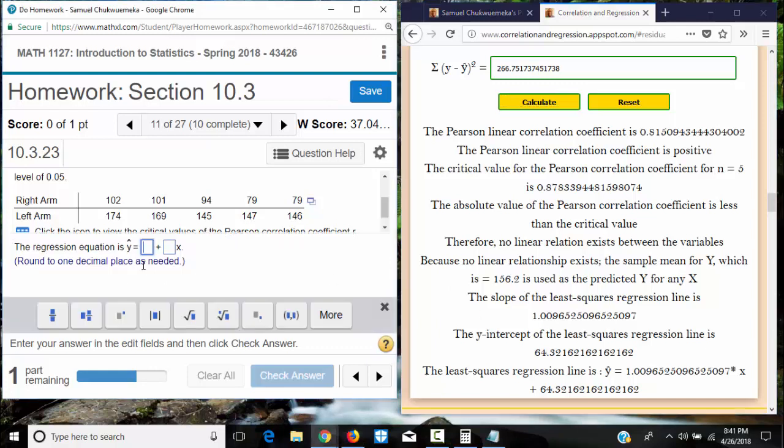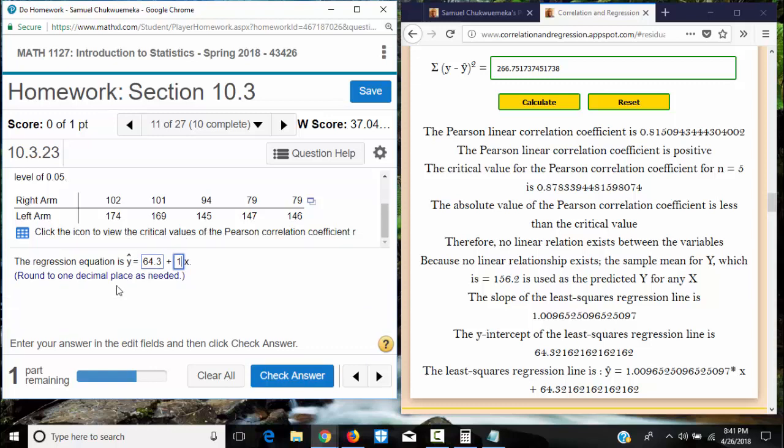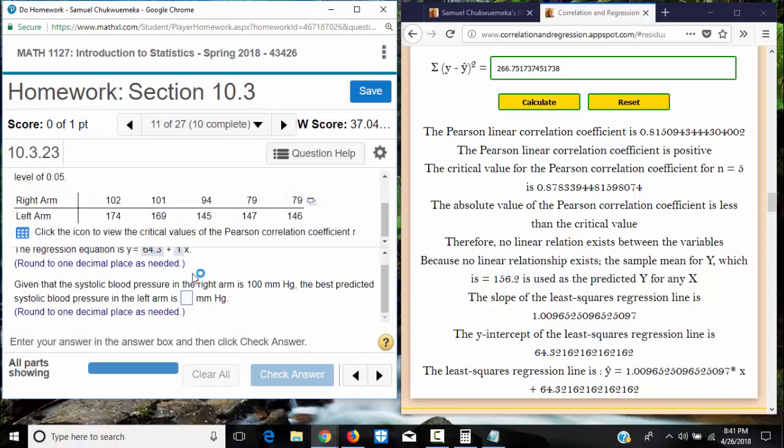So the y-intercept of the regression equation to 1 decimal place is 64.3. The slope to 1 decimal place is 1, because it's 1.0. So you can say 1.